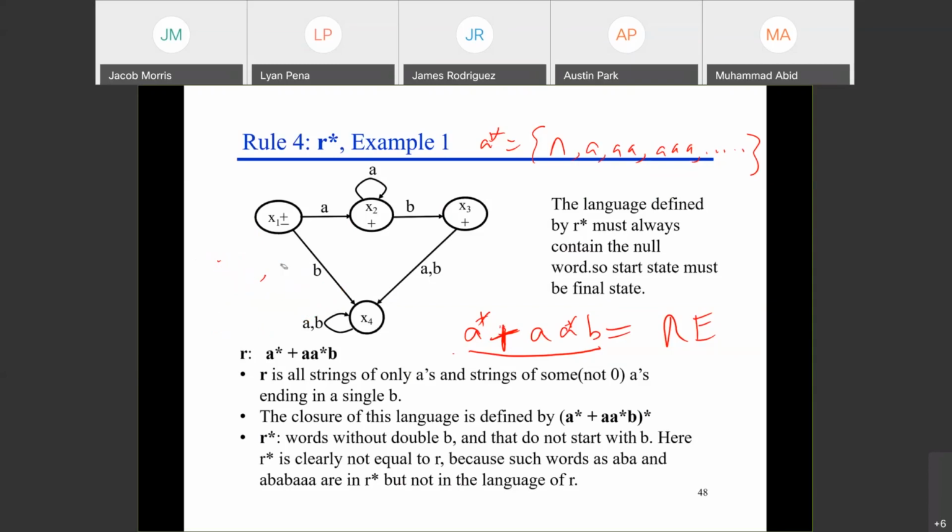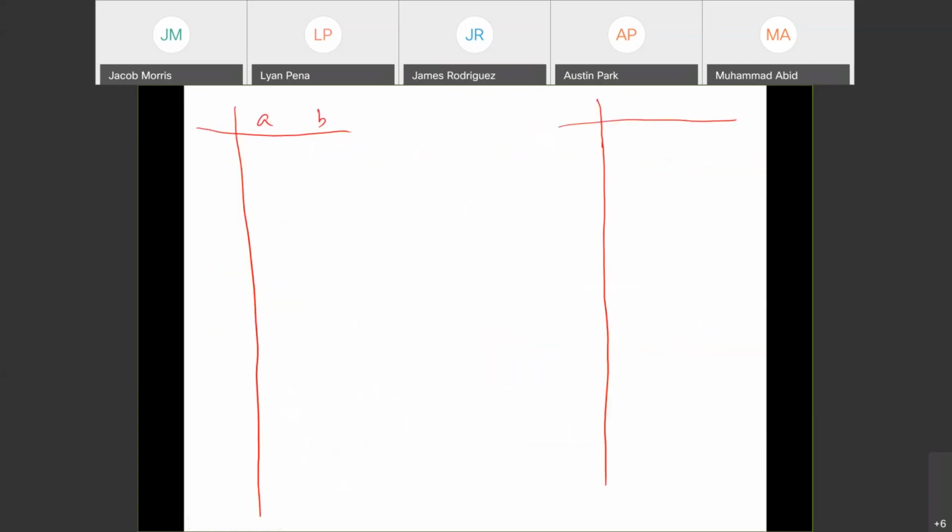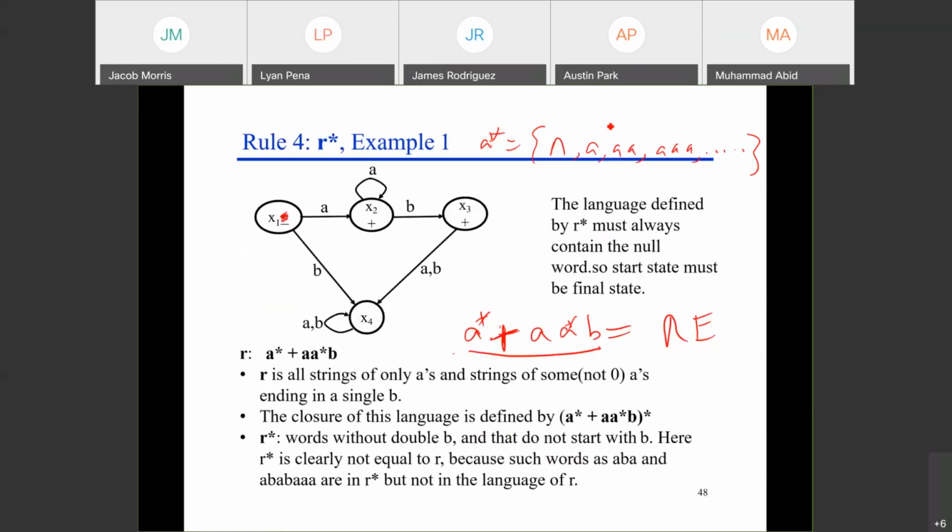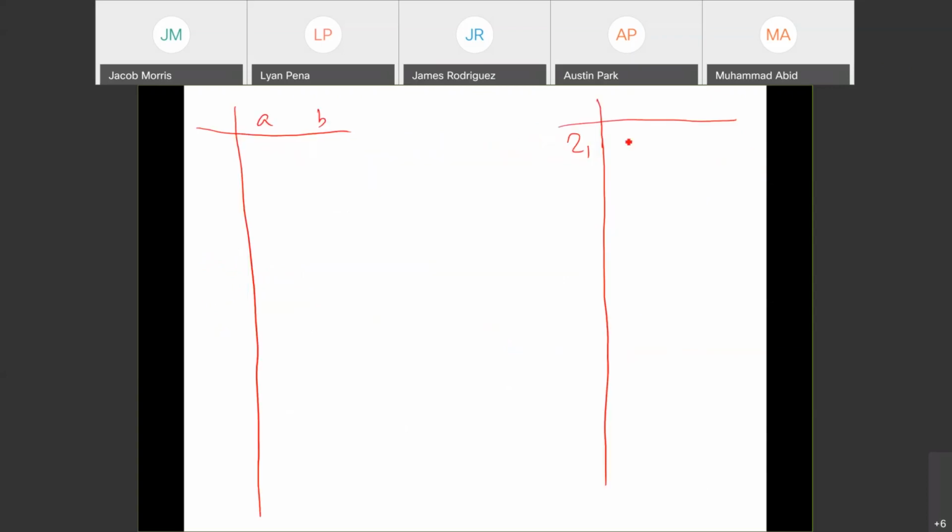So in this example, your start state is a final state. Let's say your start state is not a final state. Just for example, let's say this plus is not there. Then what happens? We need to figure out our first state Z1, and the start state here is X1, because we have only one machine.